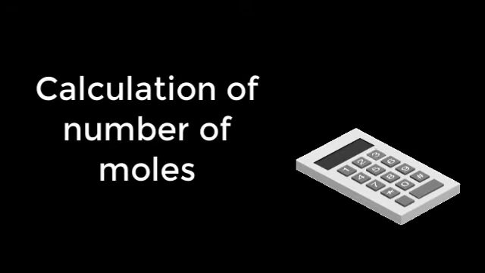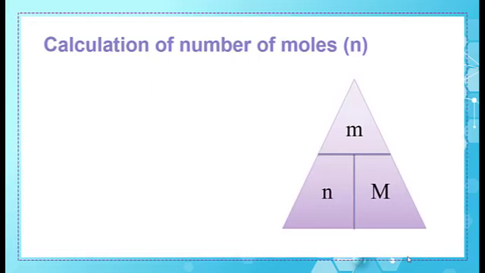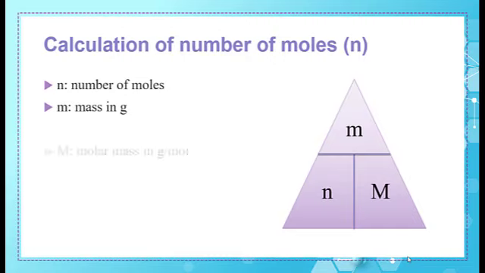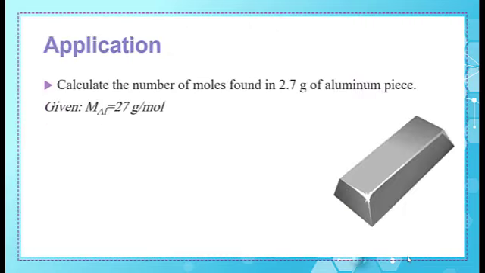Calculation of the number of moles n. In order to calculate the number of moles n, we have the rule represented in the following triangle. The number of moles n is equal to the mass m over the molar mass capital M. As an application, calculate the number of moles found in a 2.7 gram piece of aluminum, given that the molar mass of aluminum is 27 gram per mole.